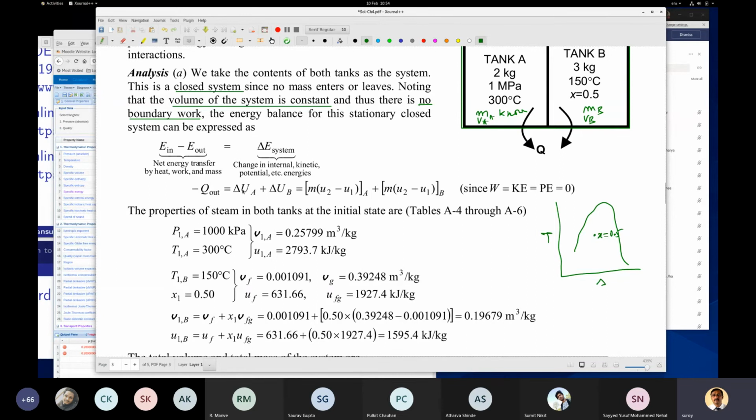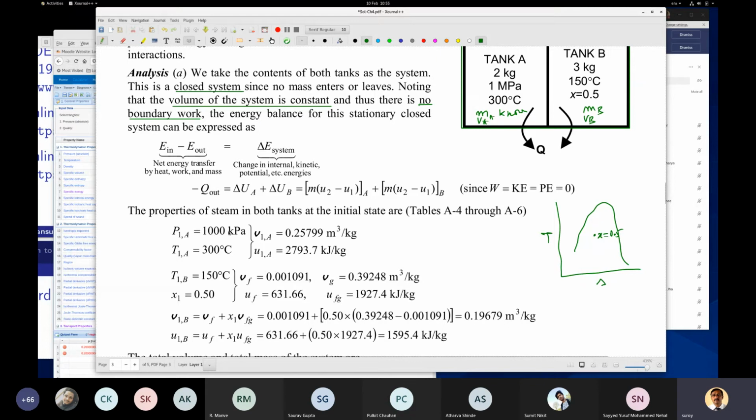Now, we have to see what is the change in internal energy, A plus B. The mass that you have in A, although the partition has been removed, will have some change, and this mass B will also have some change. Now U2A and U2B are the same, because they are now mixed.